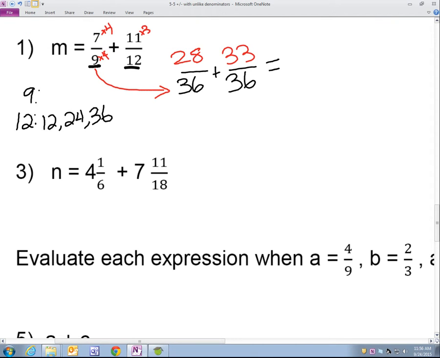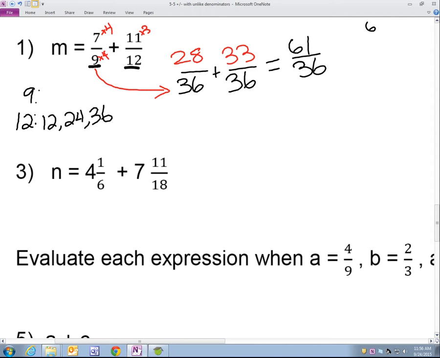I have common denominators, so now it's just like last night's homework. So I have 50 plus 11, 61, over 36. Am I done? No. I need to simplify. That cannot be reduced as is, so I have to do, if you can see it, that's great, but you could also do this.